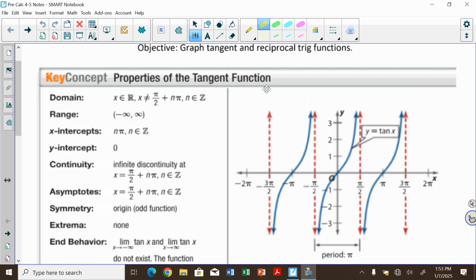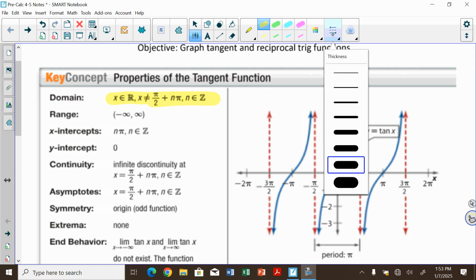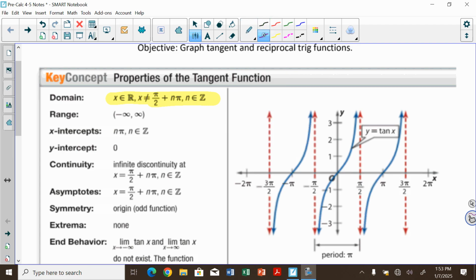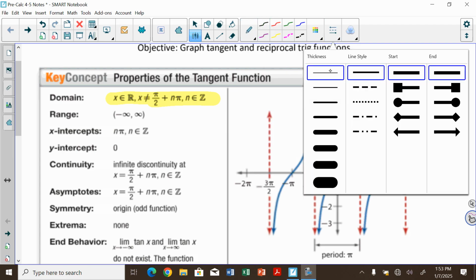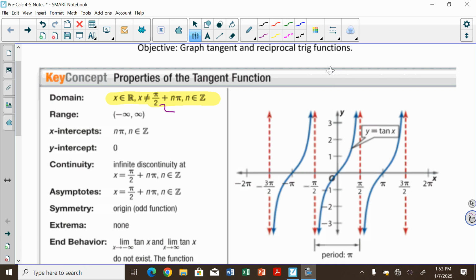Your domain here for x is all reals, but just understand that it can't be pi over 2 plus n times pi. Basically, what that means is odd multiples of pi over 2 is where we can't have it, so we'll have an asymptote there.